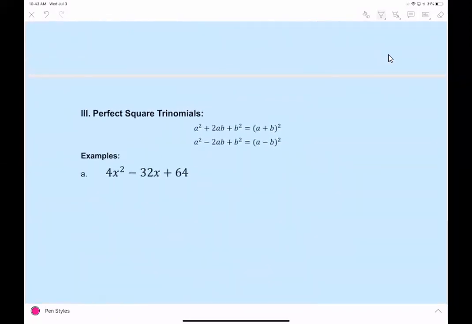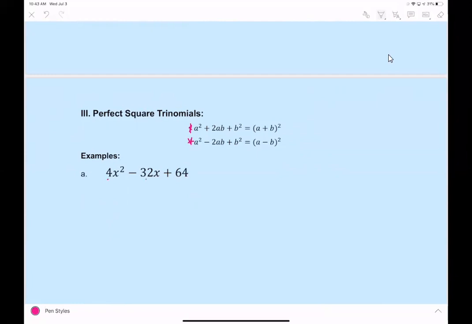The last one here is what's called a perfect square trinomial. Now, you could use these two, but really all we need to do is use what's called the x factor. But I'm looking at this, and I actually see that we can take out a GCF on this one.